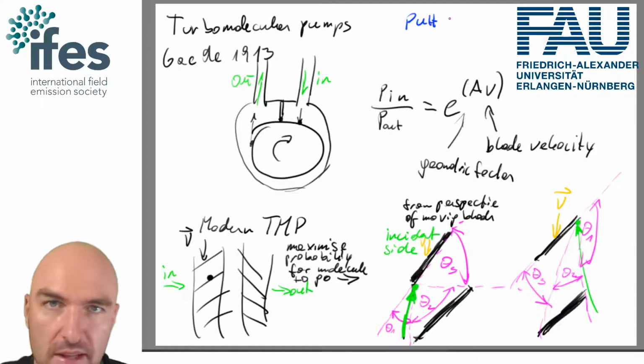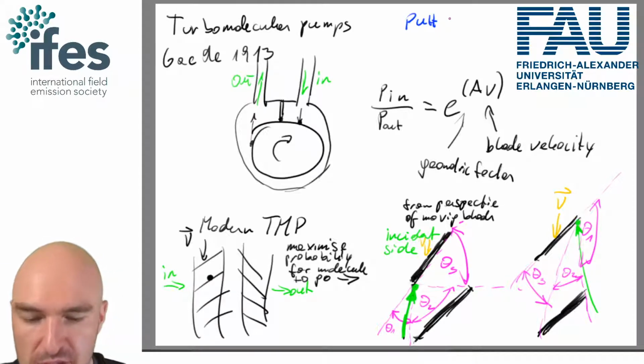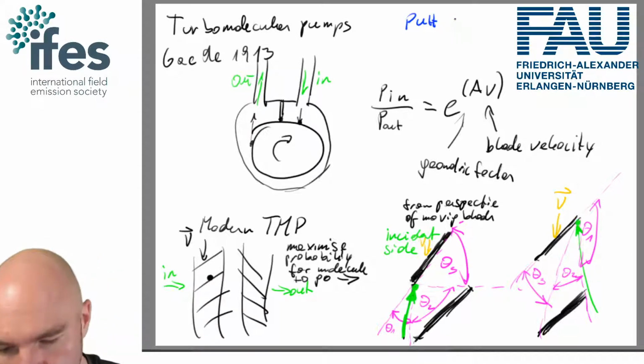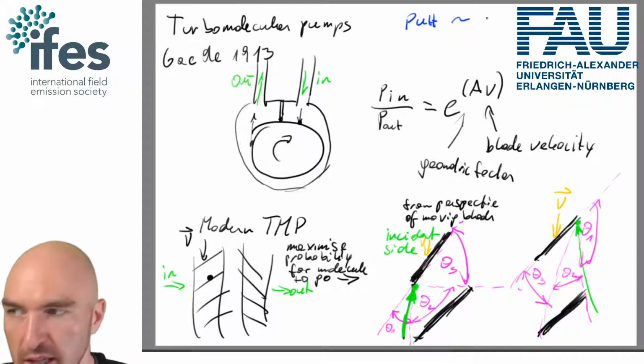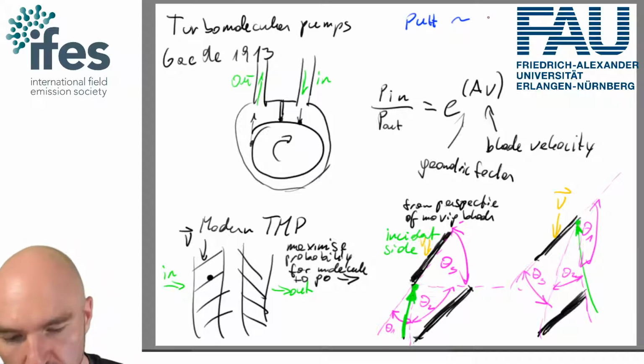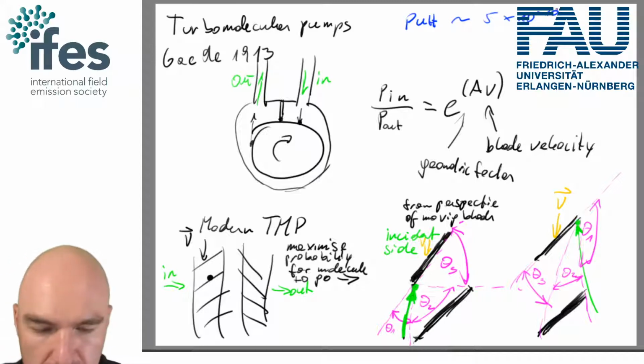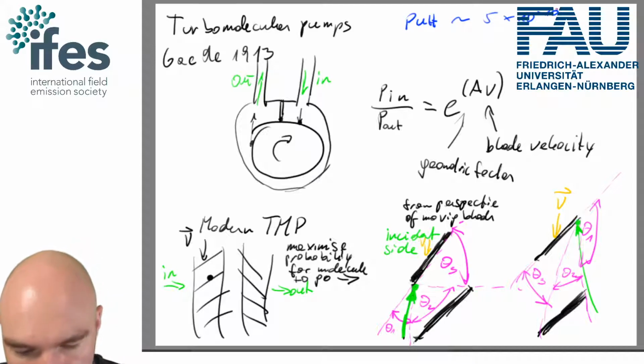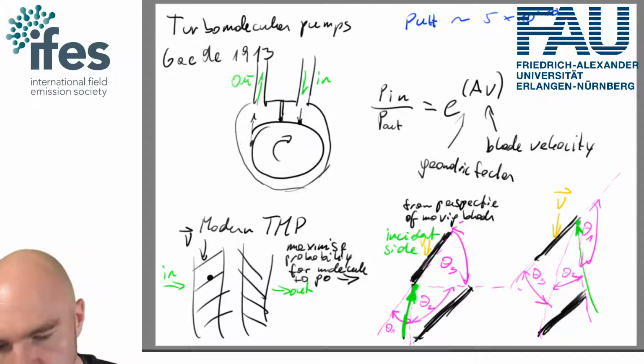But the manufacturers give you an ultimate pressure, and the ultimate pressure is usually around 5 times 10 to the minus 10, and if you remember right, that's good enough for atom probe tomography. And these days you can get some that can go down to less than 1 times 10 to the minus 10.